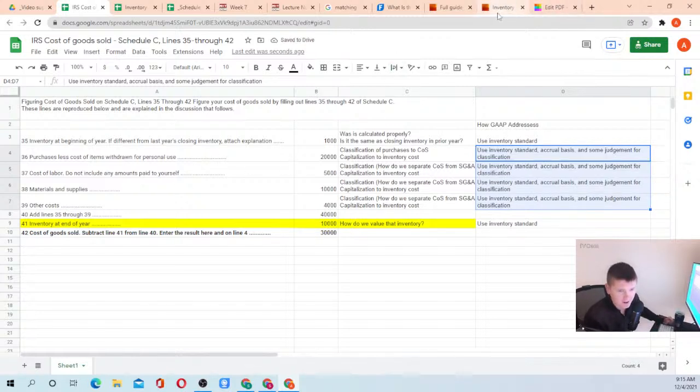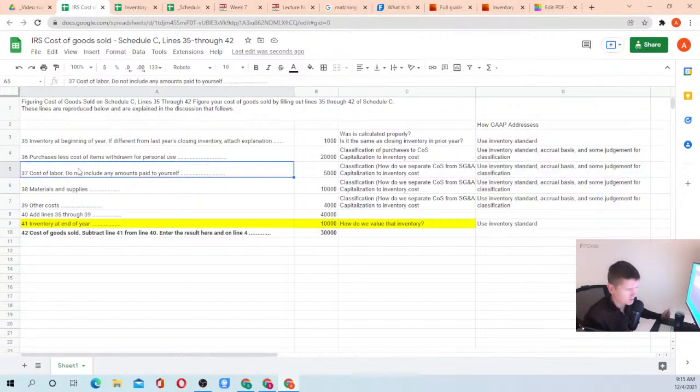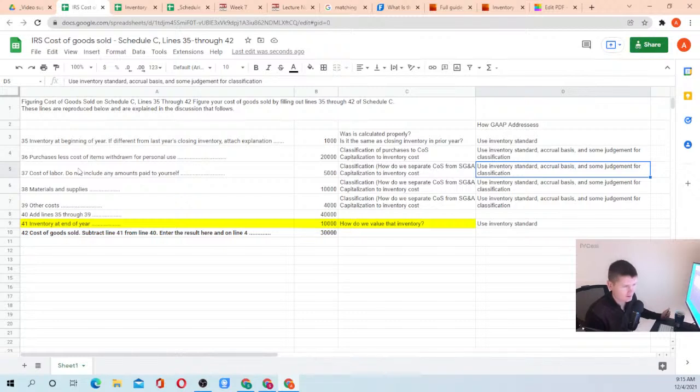Okay, and again, as you see, most of the stuff has to deal with the inventory standard. However, for example, for labor cost, you can get some other GAAP standards involved.